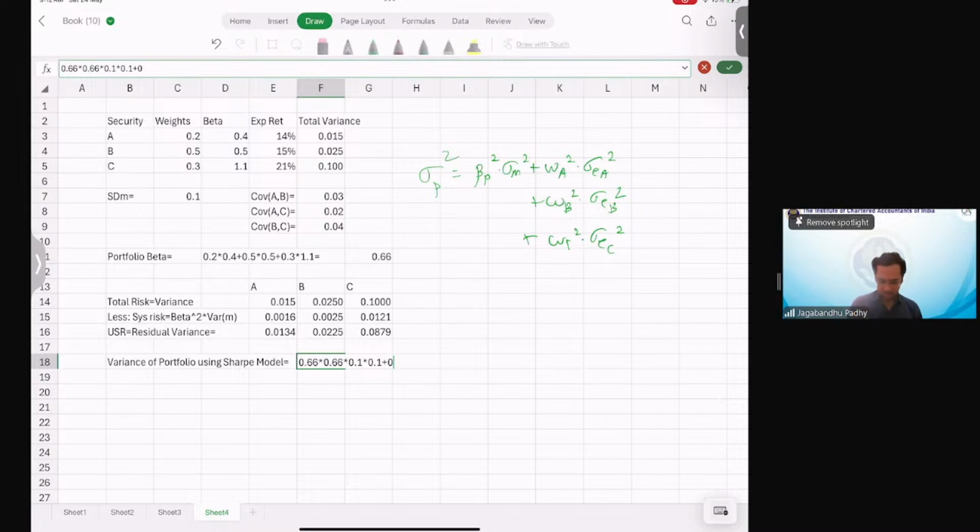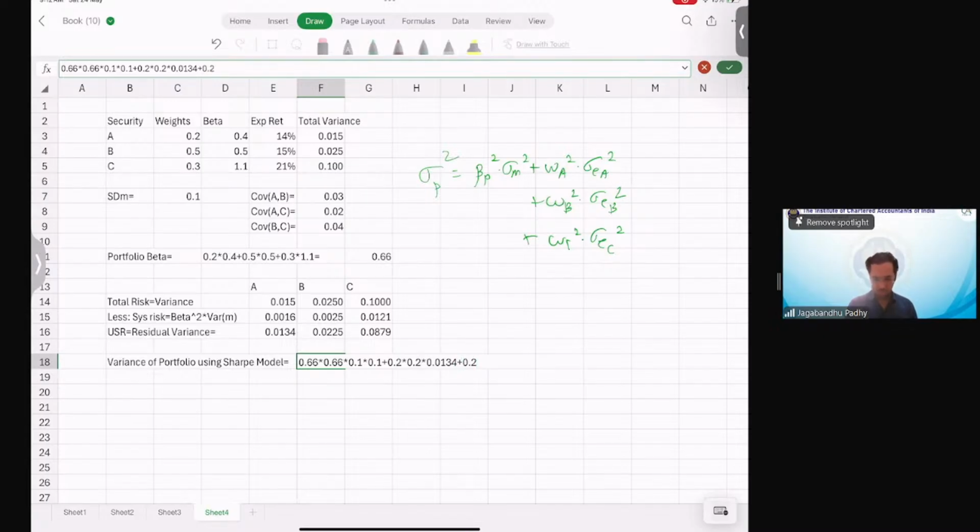Weight of A square is 0.2 into 0.2 into residual variance of A. Residual variance of A was computed to be 0.0134.